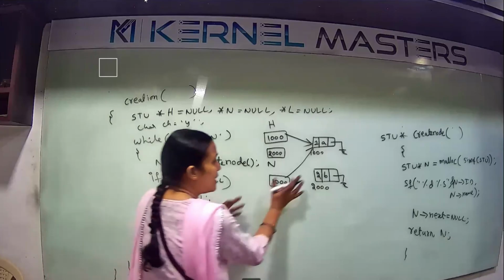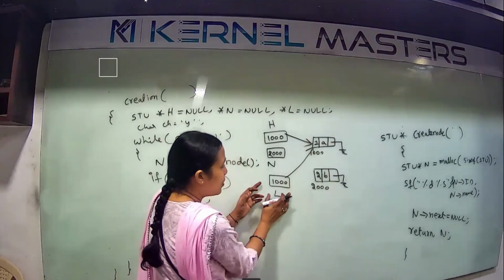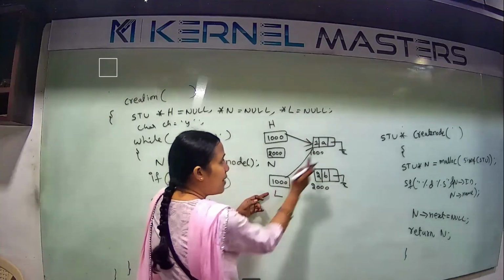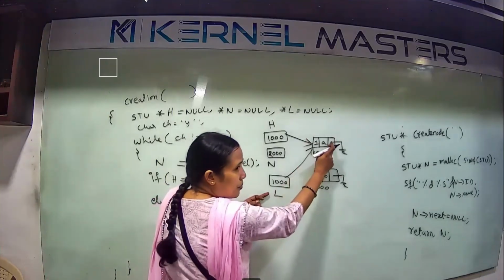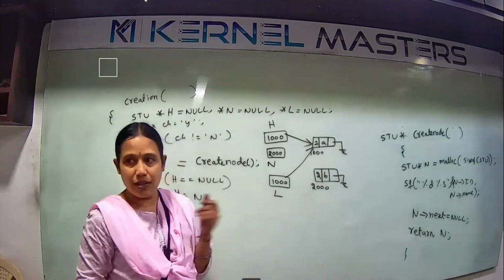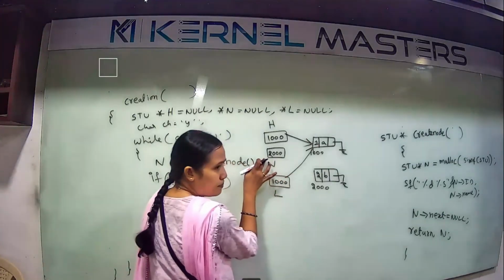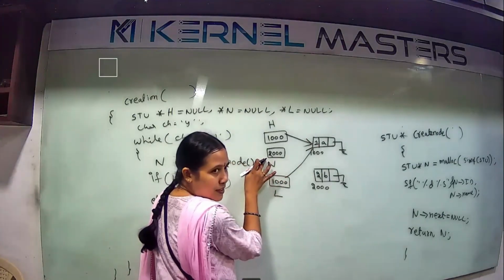You have to link this and this through L pointer. How you are going to do? Through L, I will access this number and then fill this address here. Did you get it or not? Okay, and this address is in N. Right?